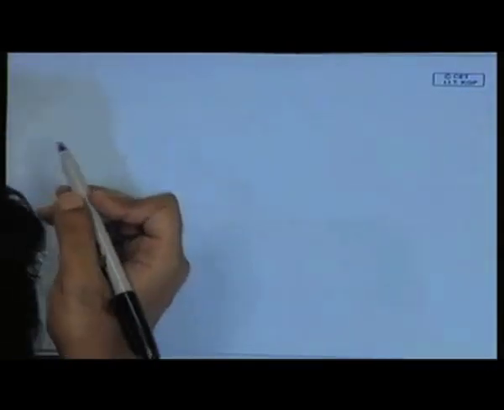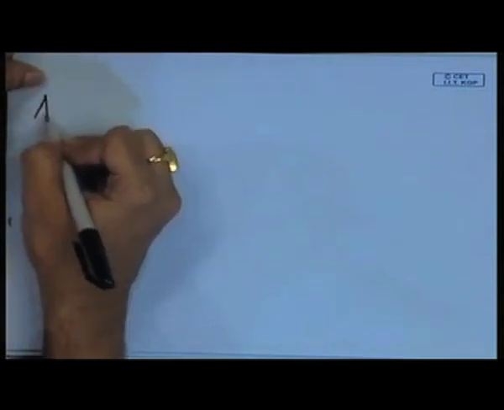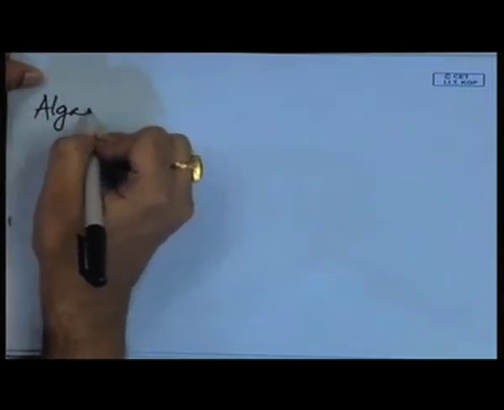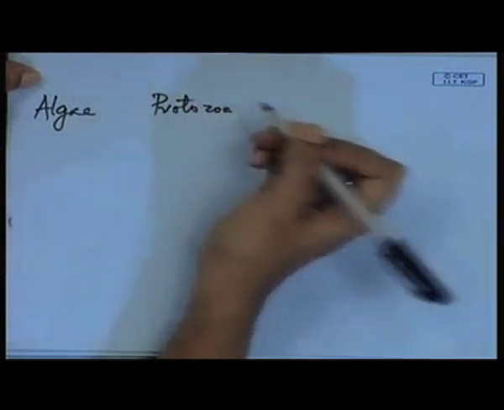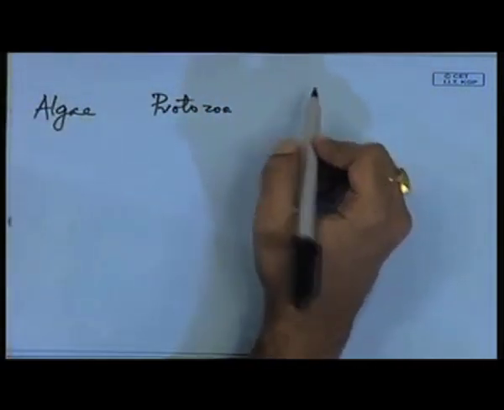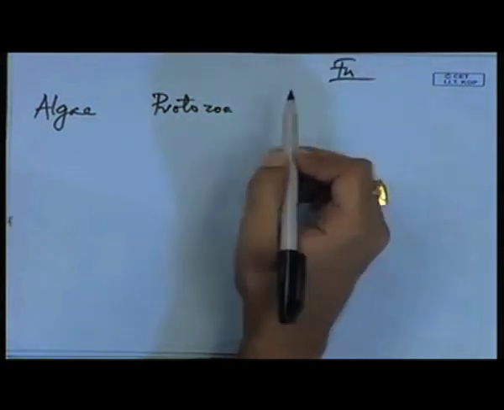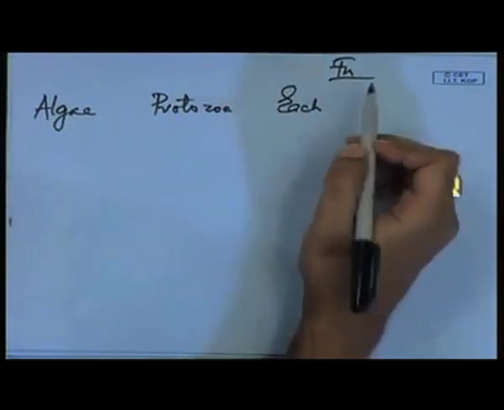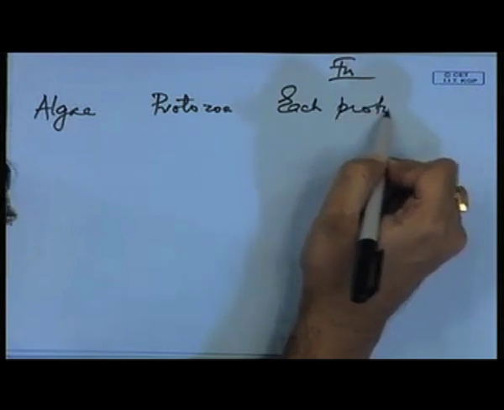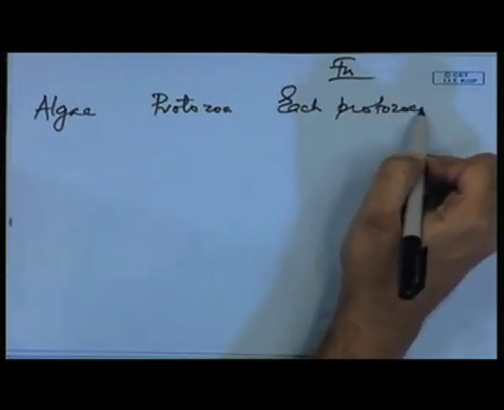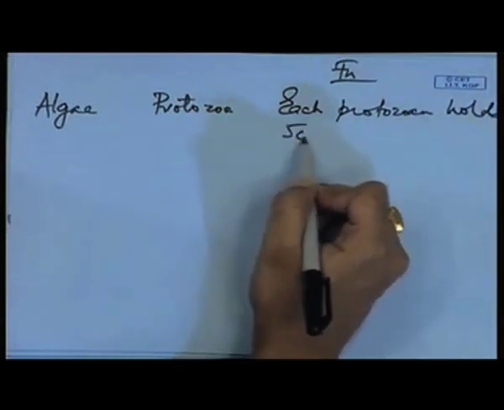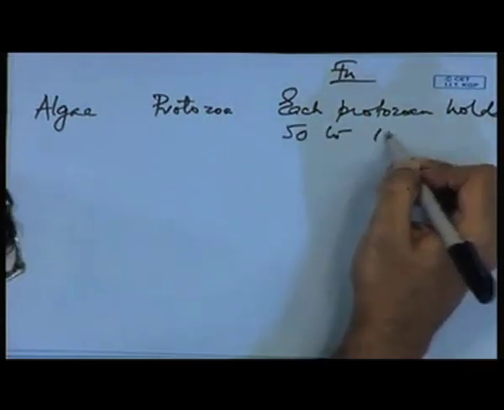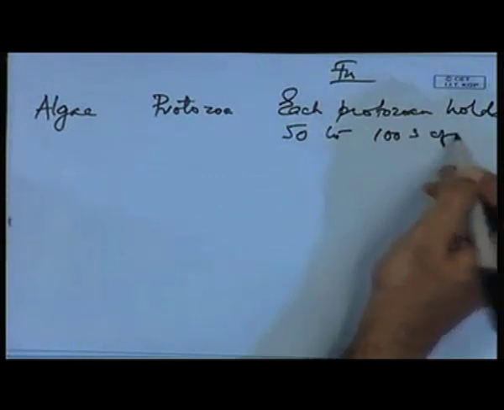So, let us look at another example, also symbiotic, and in this case it is a symbiosis between algae and protozoa. Okay. So, what is the function? The function is that each protozoa holds around 50 to hundreds of algae.